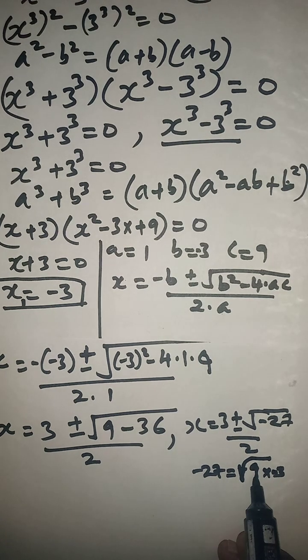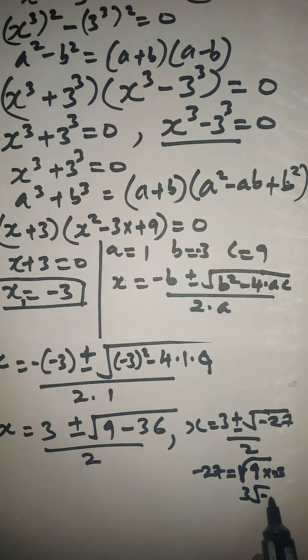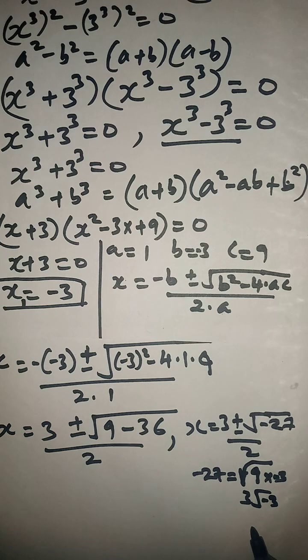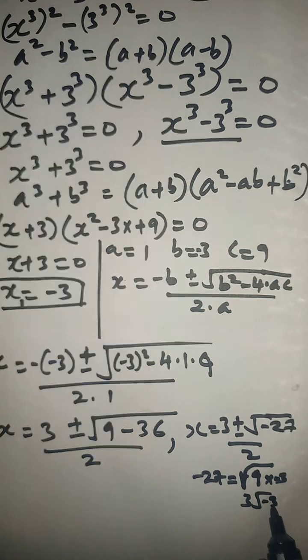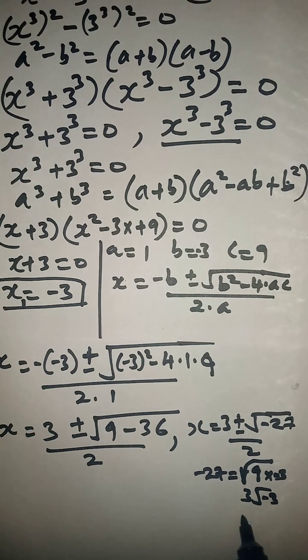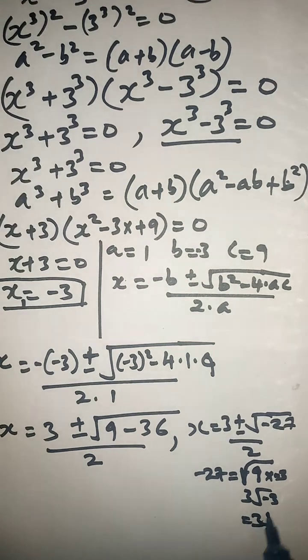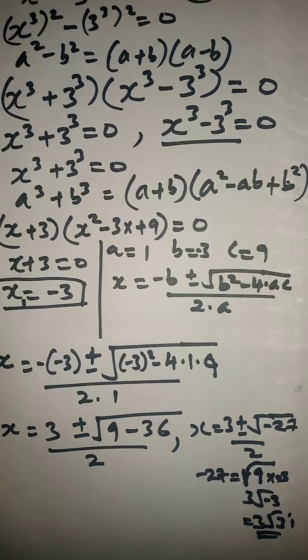So of course I can get square root of 9 as 3, and then that one I can get square root of negative 3, and of course this can be expressed as 3 multiplied by square root of 3i, a complex number.